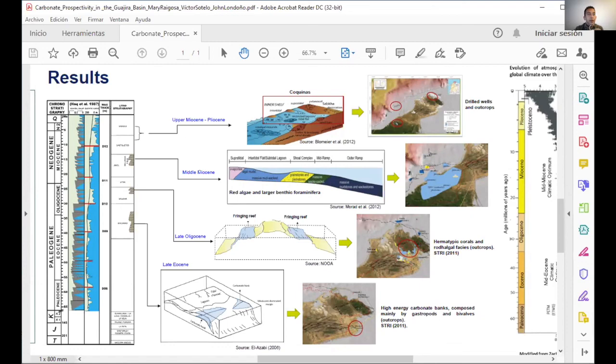Third, and the most important, because in that unit we have an important gas field, is the Middle Miocene white carbonate ramp.